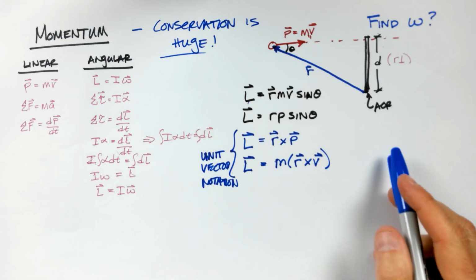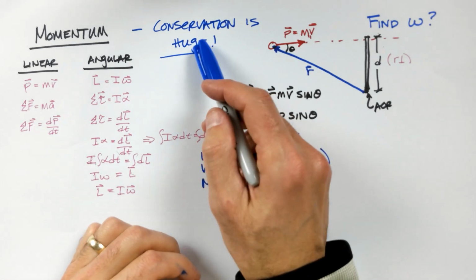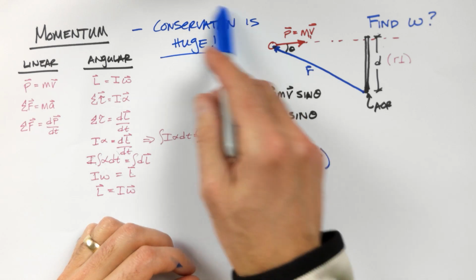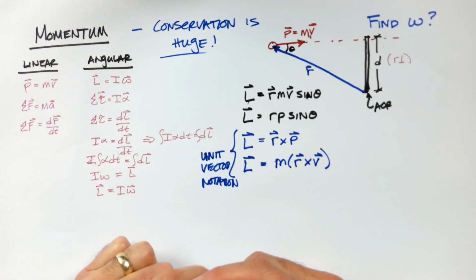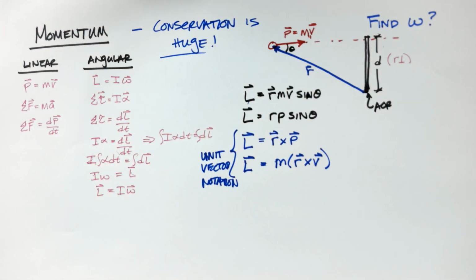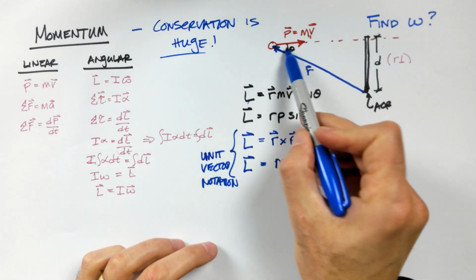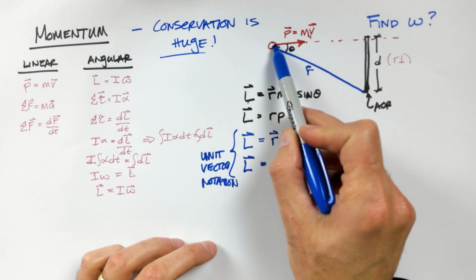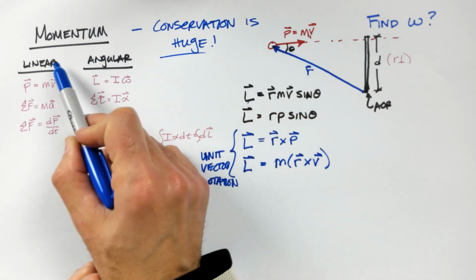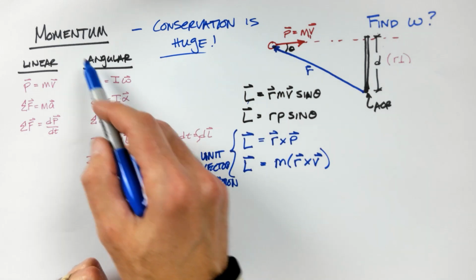So how do we go about doing this? Well, this is where conservation gets into it. All right, the conservation of angular momentum. Well, what is the momentum before the collision? Remember, this angular momentum is the same here. If I were to stretch it all the way out here, the r grows, but so does the angle.